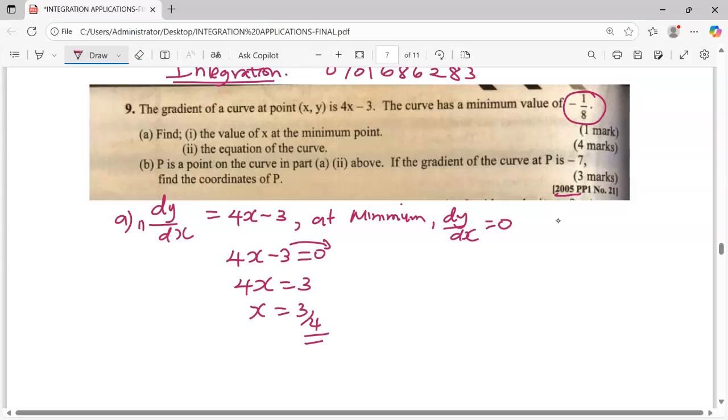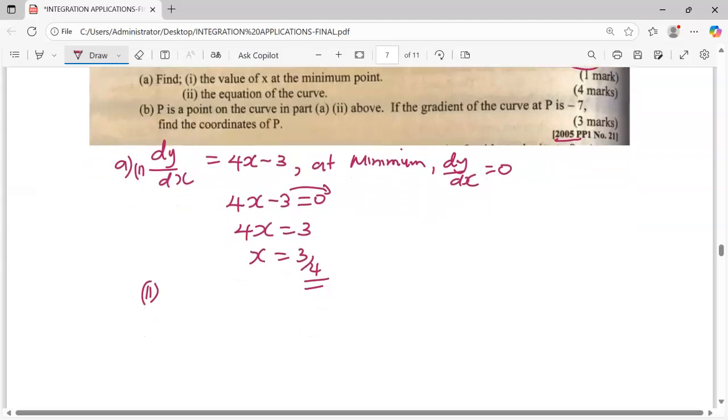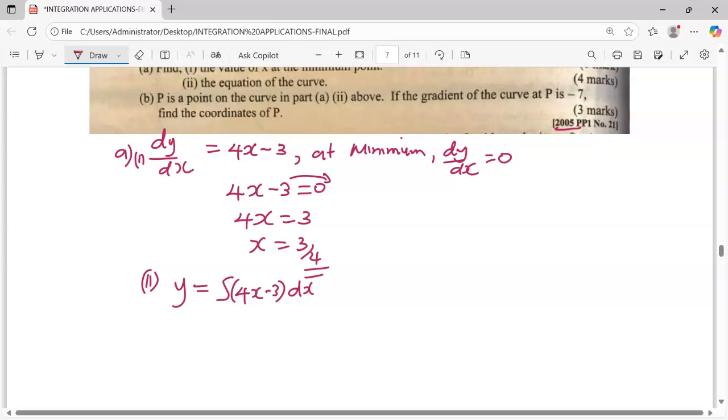We go to Roman 2 of part A. We need the equation of the curve. Remember, the equation is usually in the form of y, and therefore we integrate 4x minus 3 with respect to x. In this case, y is equal to 4x, which is raised to power 1.